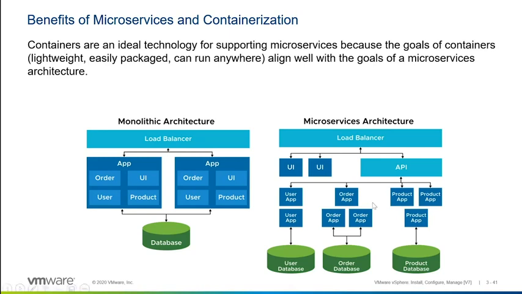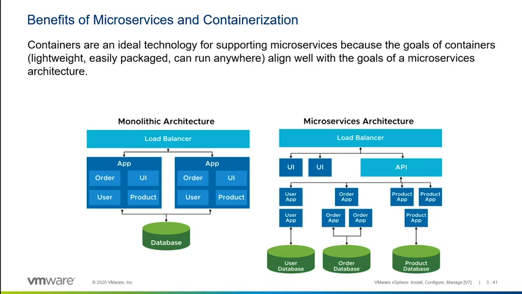Okay? If you look at the left-hand side of this slide, where we're describing a monolithic architecture, we see a load balancer in front of our applications, because we do have to scale our applications at some point. And if one virtual machine doesn't do the job, maybe 2 or 3 or 4 or 10 or 100 will, putting a load balancer in front of them. But note that within that virtual machine, the entire application is contained.